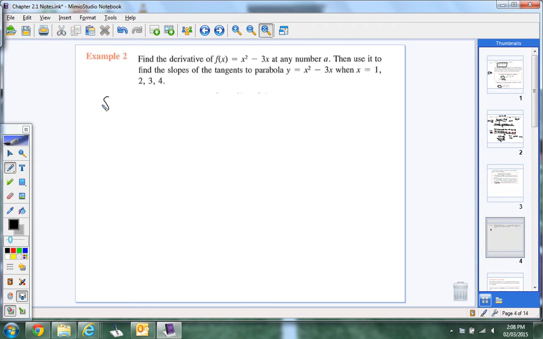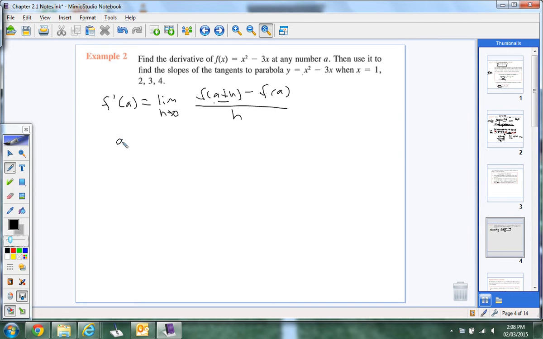So we want to do f prime of a equals, we're still going to do limit as h approaches 0, and then we have f of a plus h minus f of a all over h. It's going to be messy, but we're just going to go ahead and plug a plus h in for x.